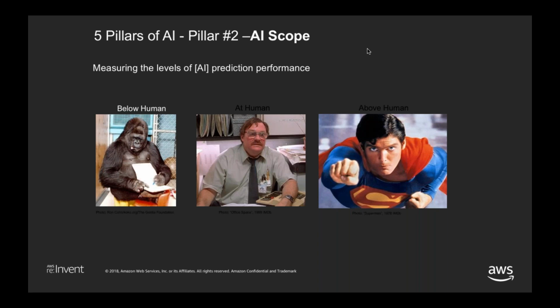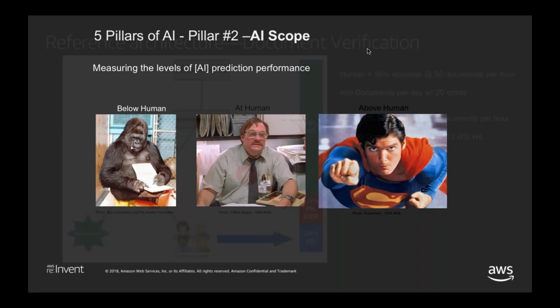When we're talking about the performance of machine learning, I break it down into 3 levels: below human, at human, and above human. So obviously below human means that you're not going to get the same accuracy that you would expect to get from a human. At human means you're going to be on par, and superhuman means you're going to get accuracy far and above that of a human.